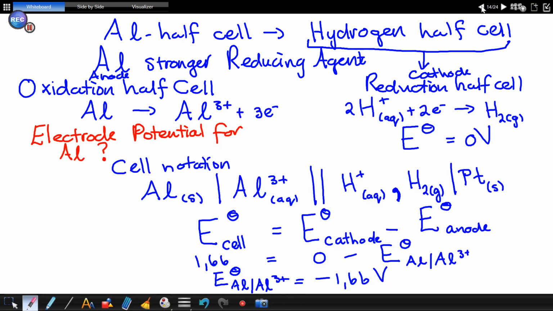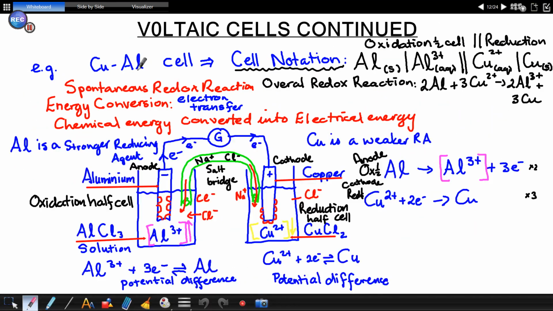Let's go back there. You see, we had a copper aluminium cell. What is the standard cell potential for this cell? That is my question, and then we'll end the lesson there. So what I've shown you is I took the copper and I joined it to the hydrogen half cell, and we measured 0.34 volts.